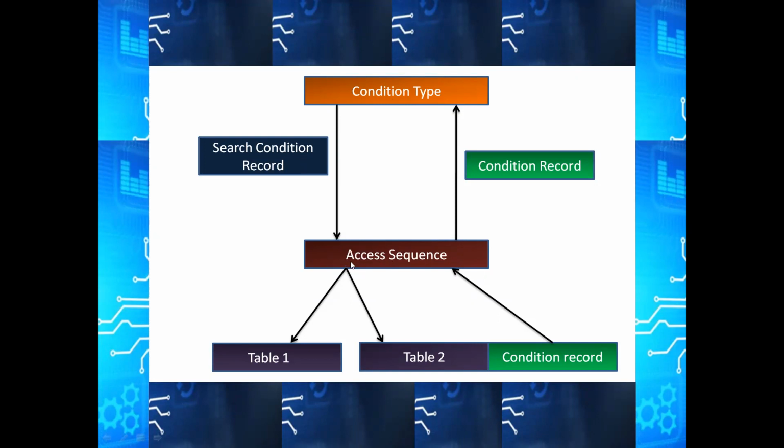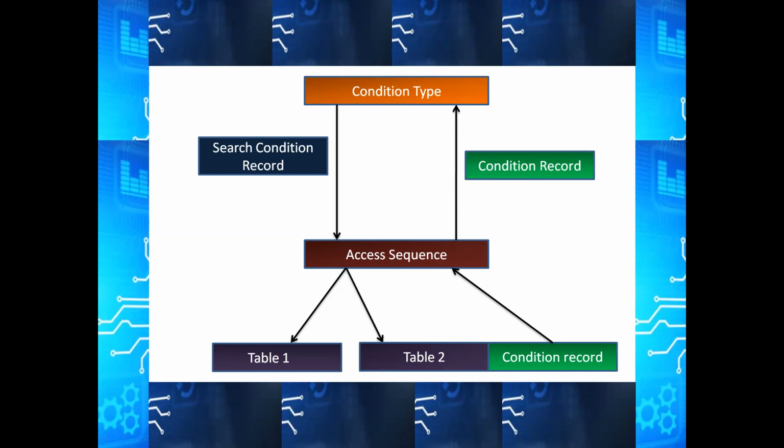And what does the access sequence do? The access sequence starts searching the data from the tables, whatever different condition tables we will have. From these tables, the system will search for the exact match of the condition record, and when it finds the condition record it sends it back to the access sequence. Via the access sequence, the condition record the system found will be sent to the condition type. So this is the concept of all these.